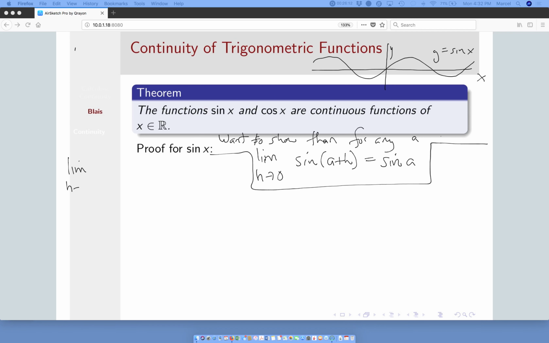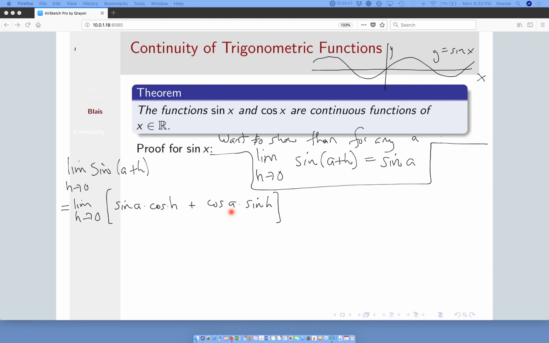Limit as h goes to 0 of sine of a plus h. And we're going to use a trig identity. So the trig identity is sine of a plus h will be sine of a cosine of h plus cosine of a times sine of h.